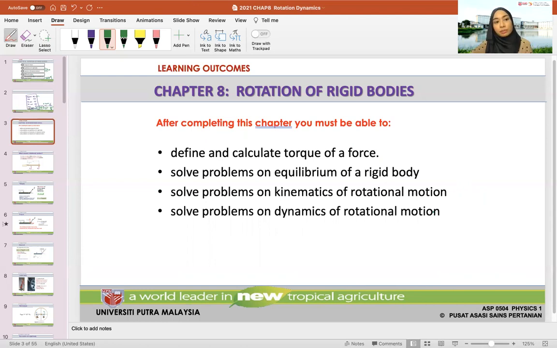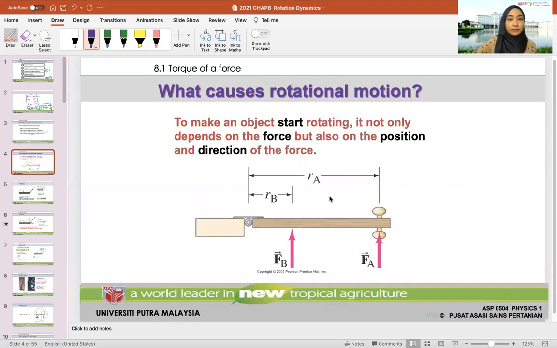We have talked about this in a previous chapter. Hello, kenapa saya tak tulis ni? Okay, boleh. Solve problems on kinematics of rotational motion and solve problems when the object is rotating. Okay, this one is in equilibrium, it's not rotating, but we know that it is supposed to rotate. This guy, it is rotating. So those are the two conditions that we will talk about.